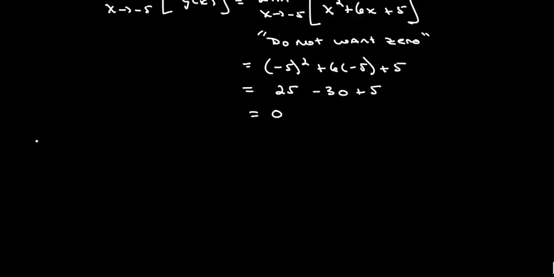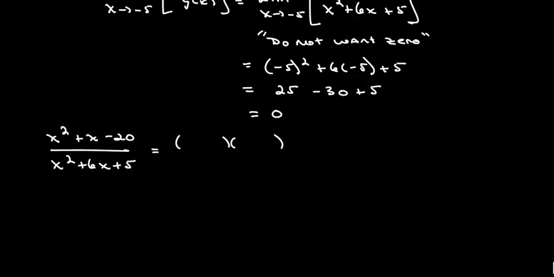We're going to say that x squared plus x minus 20 over x squared plus 6x plus 5 is definitely equal to the following.